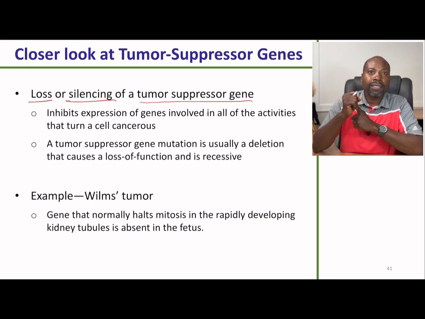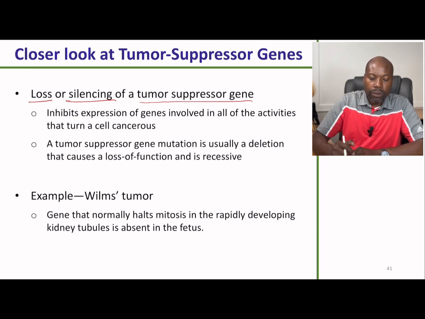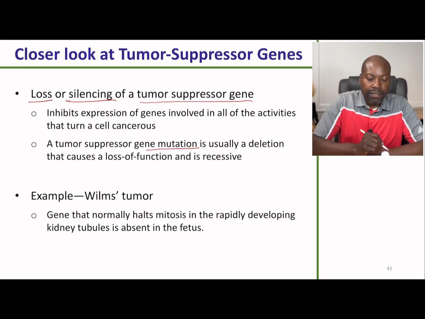One is the cell is going to stop cell division. Two, if there were already too many cells, this is going to trigger cell death, programmed cell death, or apoptosis, right?